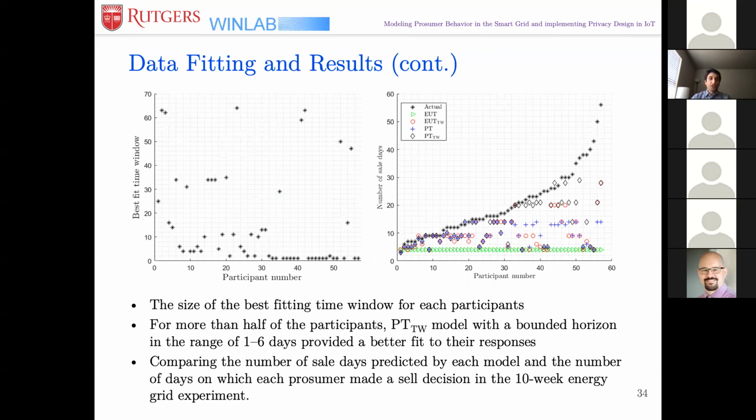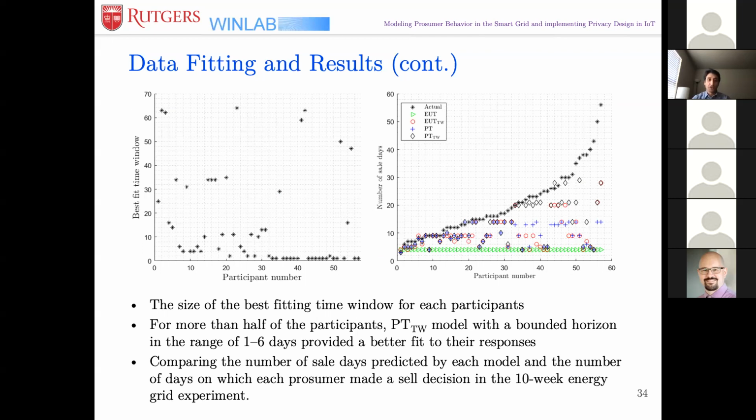The left figure shows the size of the best fitting time window for each participant. It can be seen that more than half of the prosumer participants were best fit by a time window ranging from 1 to 6 days in a 10-week study.